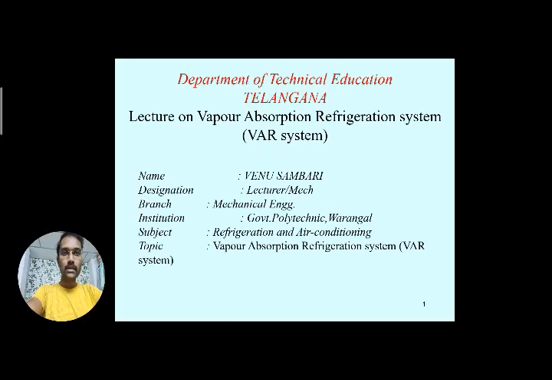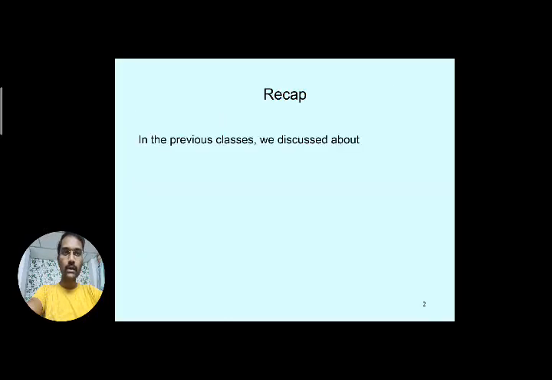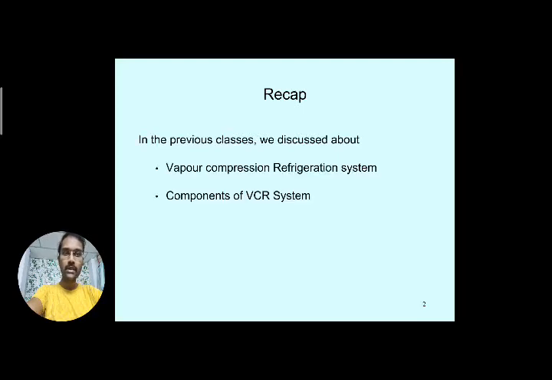Here, just recap all the things you have seen in the last classes. We discussed the vapor compression refrigeration system, how the name was given to it, why the name was given, and what is happening in the system. If you look clearly into the video, you can find the answer for the name given to the VCR system.